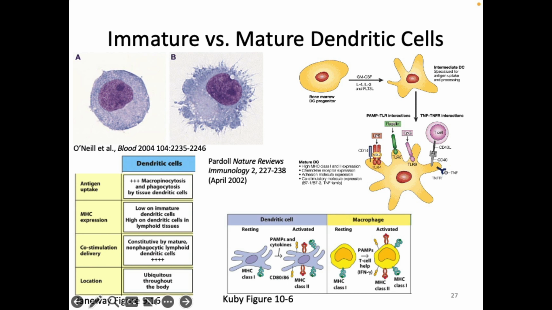What you can also notice is that if this fancy looking mature dendritic cell tried to travel through the blood, which I'll be saying more about in a little bit, it would get torn up. The cells that are in the blood tend to be nice, perfectly circular cells that are not likely to get pieces torn off of them, while this dendritic cell would totally get pieces torn off of it.